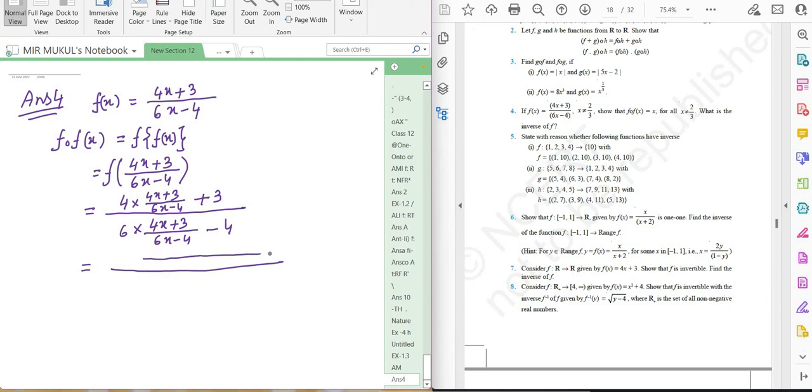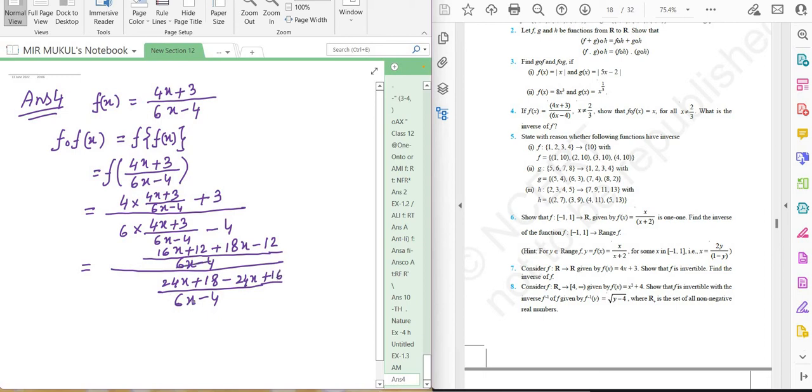So its numerator over 6x minus 4 is 16x plus 12 plus 18x minus 12, and the denominator over 6x minus 4 is 24x plus 18 minus 24x plus 16.